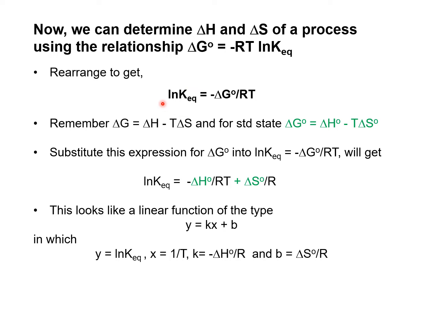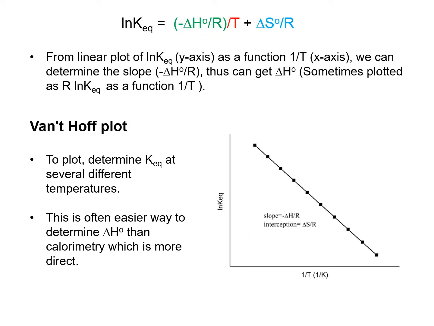We solve for ln KEQ to get this formula, which looks like a linear function, similar to y equals kx plus b, and plugging each of these into the linear function form gives the van't Hoff plot, as you can see here, where the slope is minus delta H naught divided by R. That also enables us to get the KEQ values by measuring at different temperatures, and to estimate the delta H naught values by looking at these relationships.